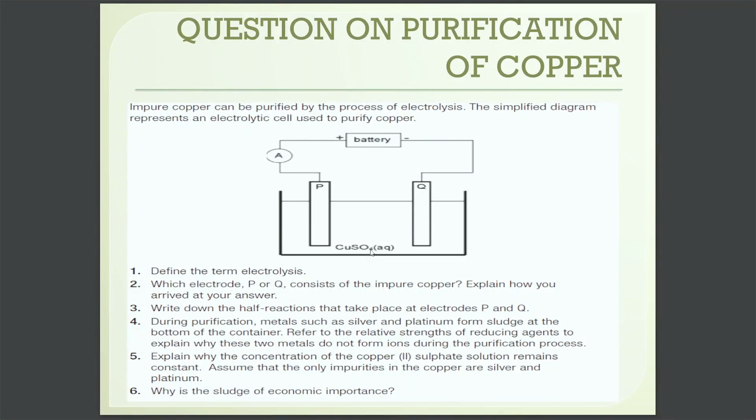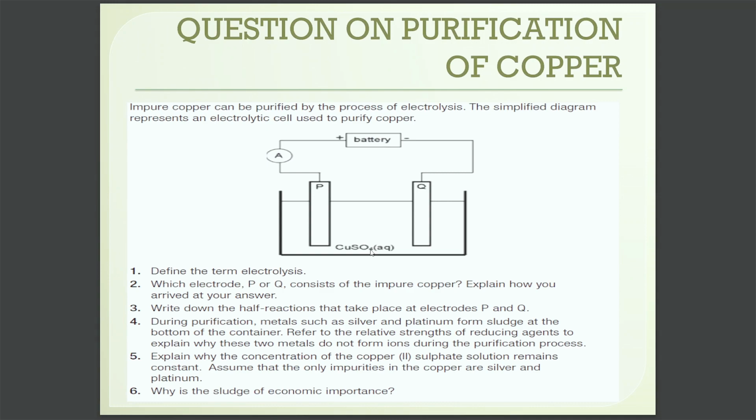Then number 5, just to take you back, the question was to explain why the concentration of copper sulfate remains constant. I did say this is because the rate at the anode should be equal to the rate at the cathode. Very, very important. And then just to take it back to number 4 again, it says during the purification, metals such as silver and platinum form a sludge at the bottom of the container.